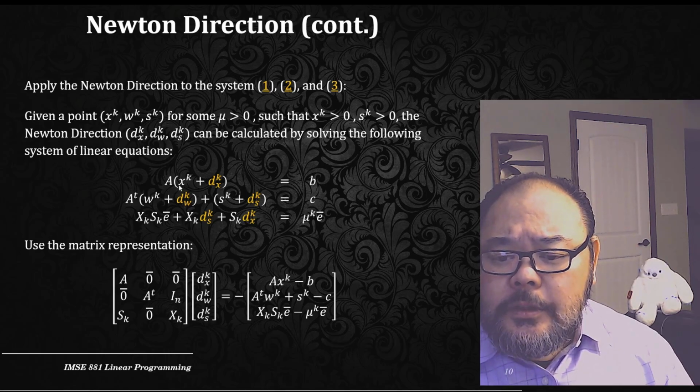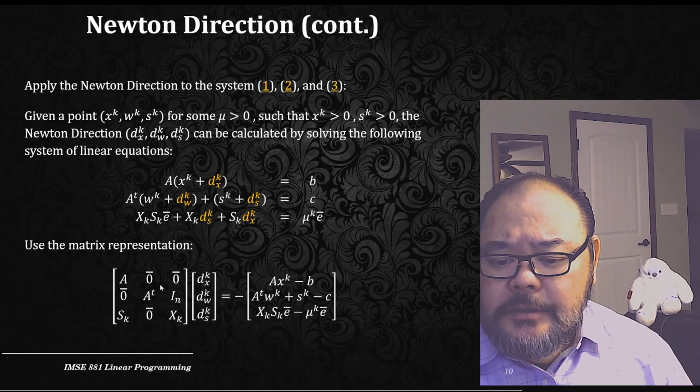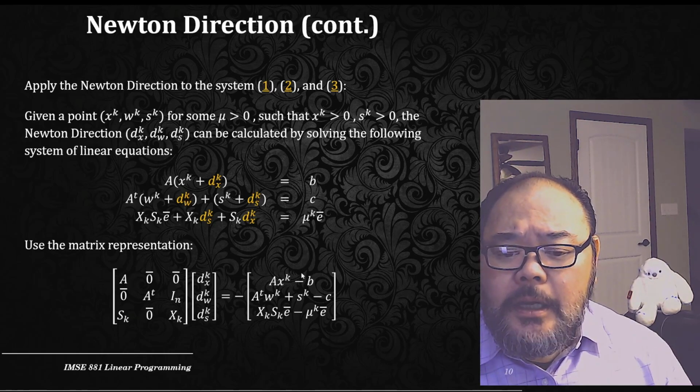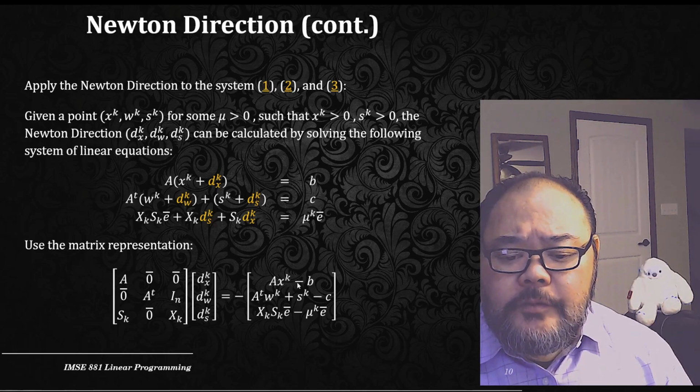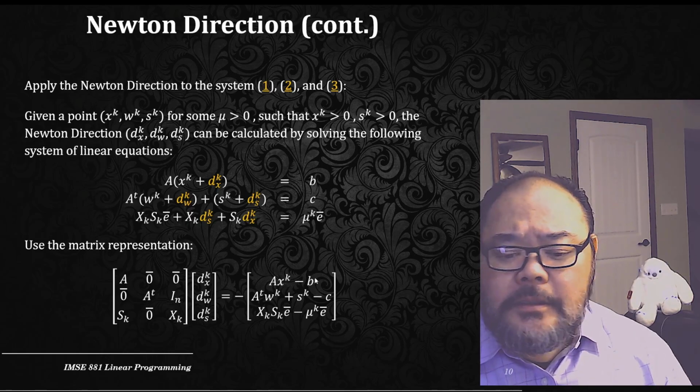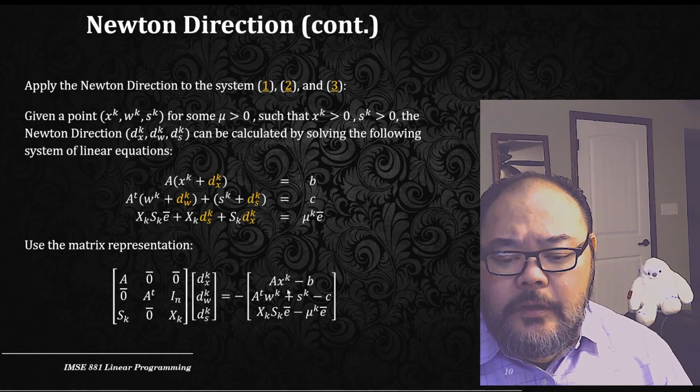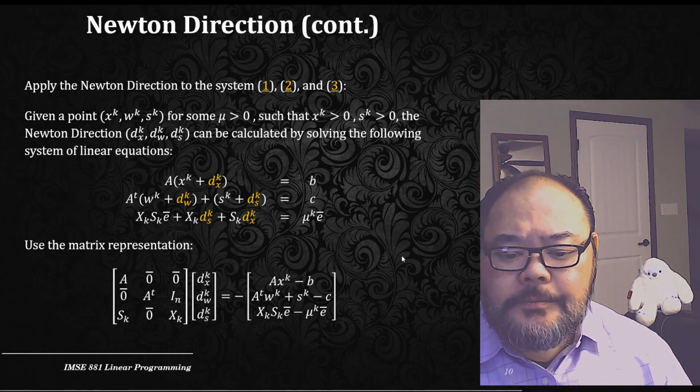So here we say A times dxk equals b minus A times xk. Okay, so put a negative sign so it looks like this. So this is the primal feasibility, dual feasibility, and complementary slackness condition.